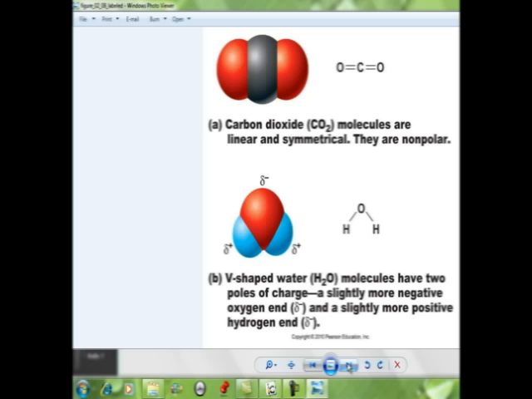How many pairs of electrons are being shared between carbon and oxygen? 2 pairs of electrons, and we're sharing equal. He's nonpolar, and what kind of bond is that again? Covalent bond.